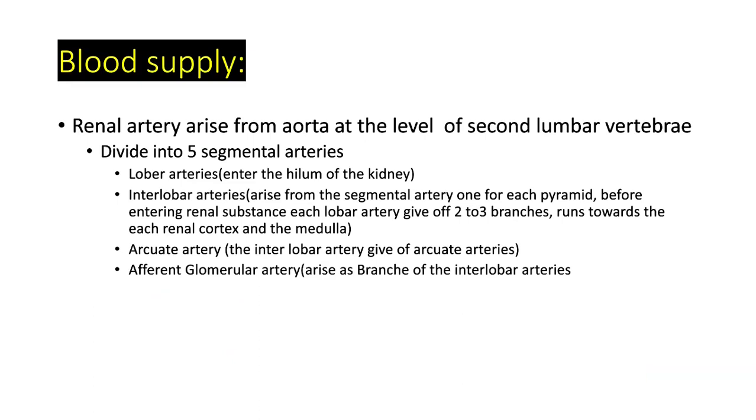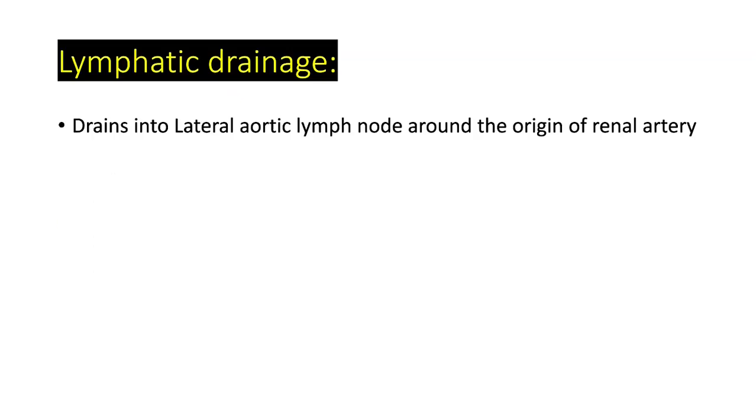Each lobar artery gives 2 to 3 branches, runs toward the renal cortex from the medulla, and forms the arcuate artery, the interlobular artery from the arcuate arteries, and then the last one is the afferent glomerular artery, which arises as a branch of the interlobular artery.